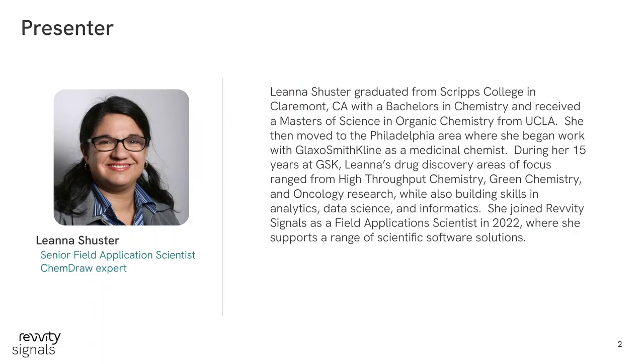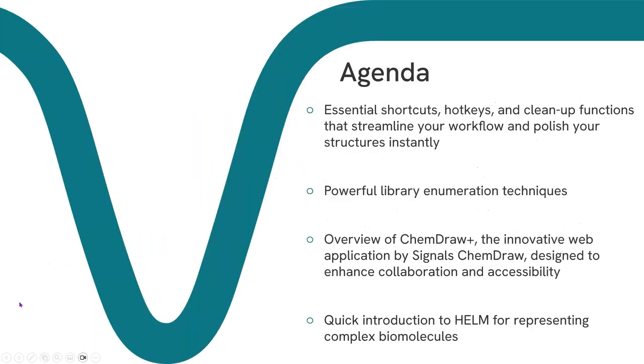Great, thanks, Lauren. It's great to be with everyone today from around the globe to help you upskill your ChemDraw usage and make sure that you're getting the most efficiency out of this software that you can. So, a quick agenda.